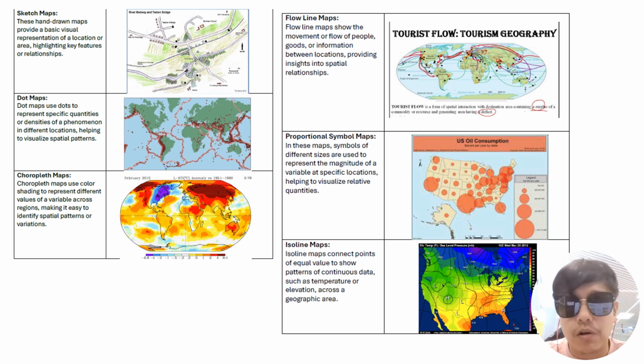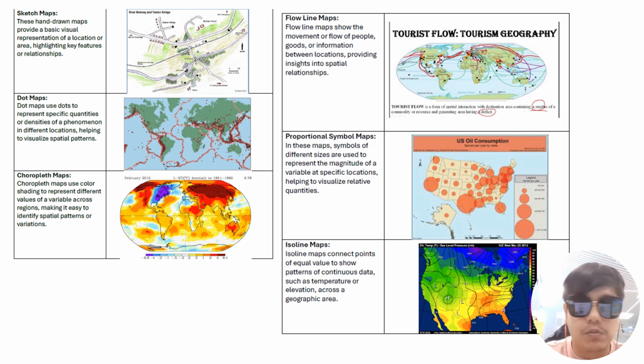It can be hand drawn, like the title suggests. It can be sketched by a person, therefore it is not very accurate. However, the key thing is to highlight some of the key features or relationships in the sketch map. You may be needed to do a sketch as well.